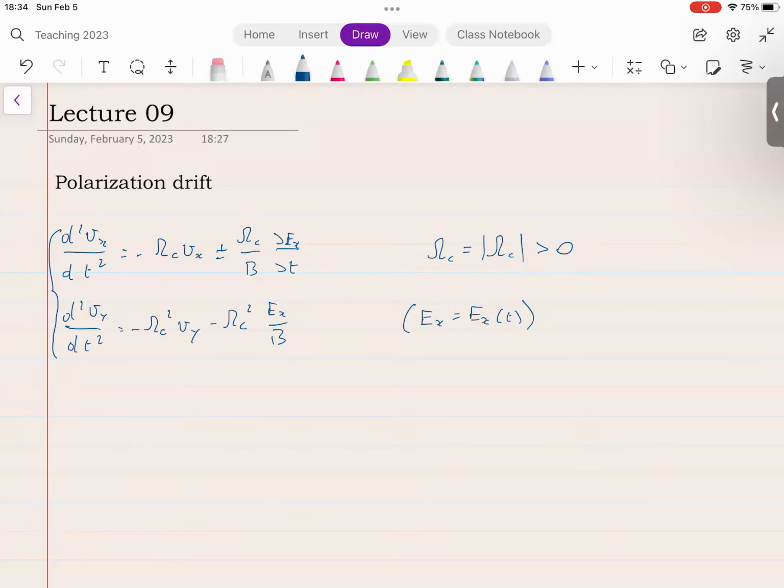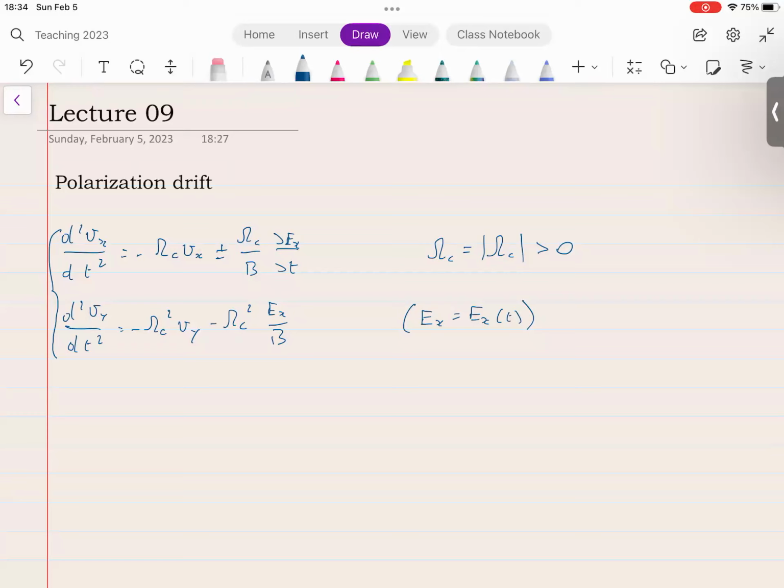Now, I want to emphasize what we mean when we say we can make assumptions. I'm going to assume that the time variations of the electric field are slow with respect to the gyration period. They happen on time scales that are longer than the gyration period. Is that assumption justified? Well, it's going to depend on the situation.